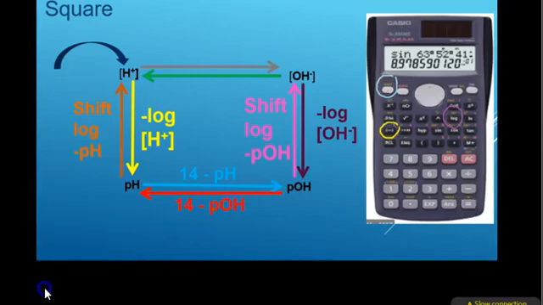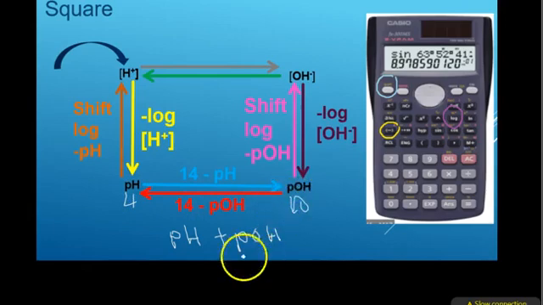Your pH number plus your pOH number add up to the number 14. So if this number is 4, then your pOH is 10. If this number is 3, then your pH is 11. So the two numbers add up.